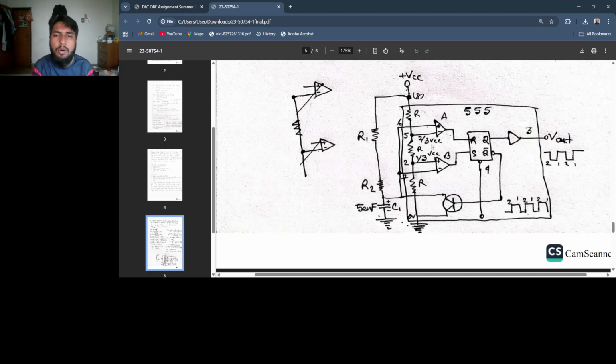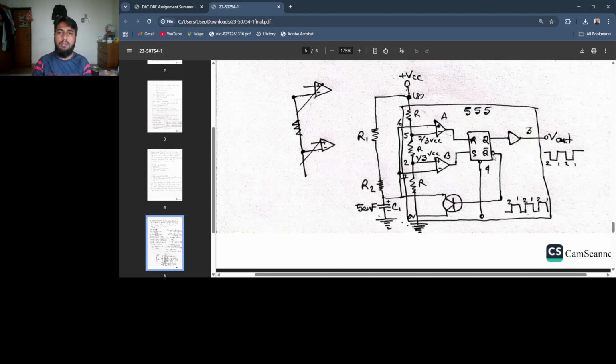My op-amp works like this: if the plus value is greater than the minus value, then its output is 1, otherwise 0. Then it goes to a multiplexer. Here is a switch, R, Q and Q bar. Q bar is my output.